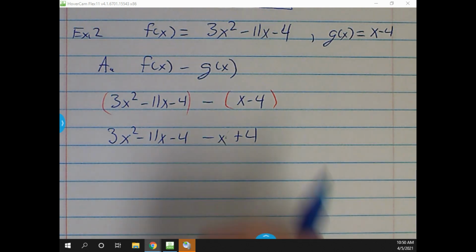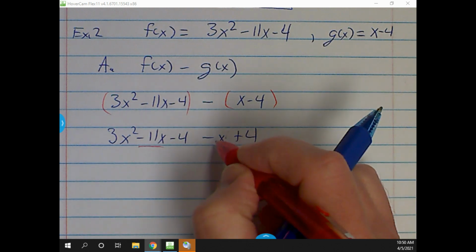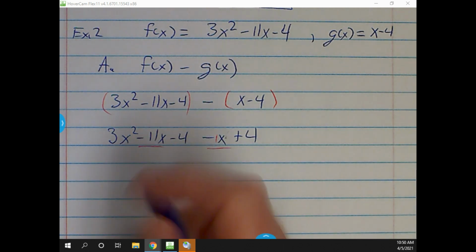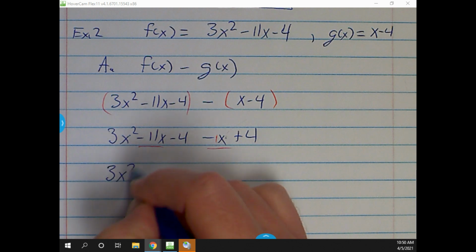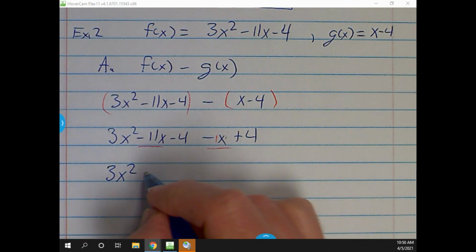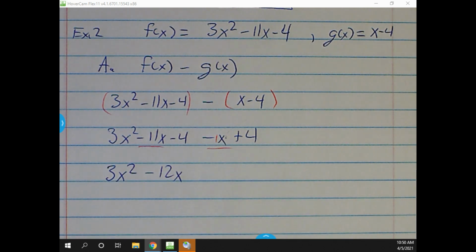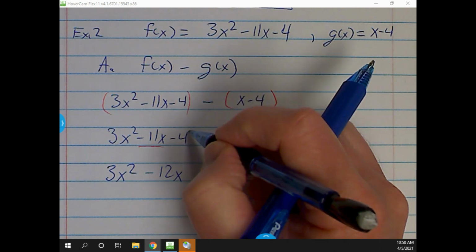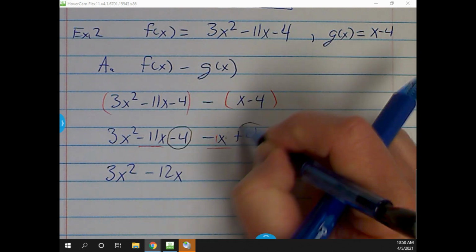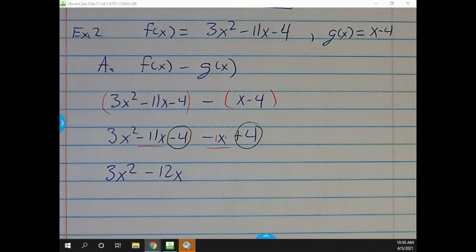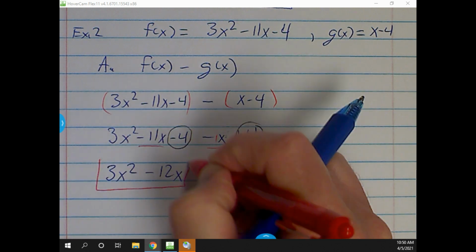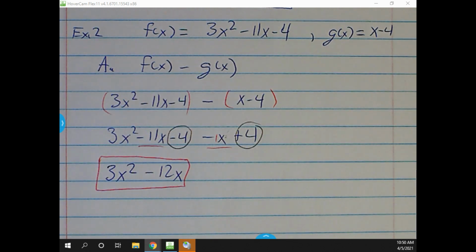Well, that means you can do the 11x, and technically it'd be minus a 1x. So you've got 3x squared. Minus 11 minus 1 would make that minus 12x. And with the constants at the end, you've got a minus 4 and a plus 4. That'll just go to 0. If you do 4 minus 4 or negative 4 plus 4, that still goes to 0. So that would be the answer you'd have for that one.